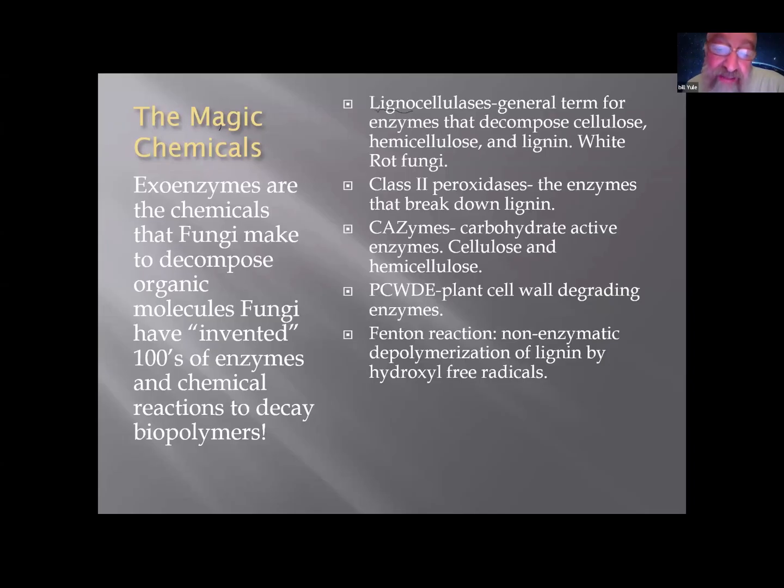The way they do that is with free radicals, radical species of oxygen that basically smash apart the lignin momentarily, and that allows tiny, small molecular weight enzymes to enter the wood and dissolve the cellulose and the hemicellulose before the lignin reforms.